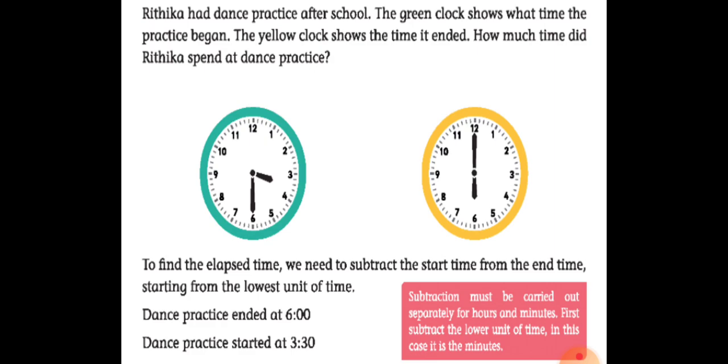So from 12-hour to 24-hour we need to add 12 to the given time, and from 24-hour format to 12-hour format we need to subtract 12 from the given time. To calculate the total time we have spent, or how much time it has taken, we need to subtract the starting time from the ending time.